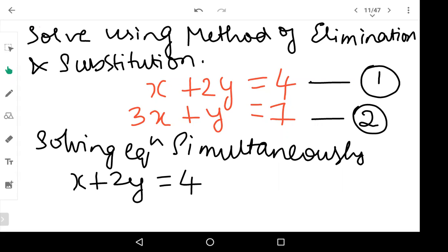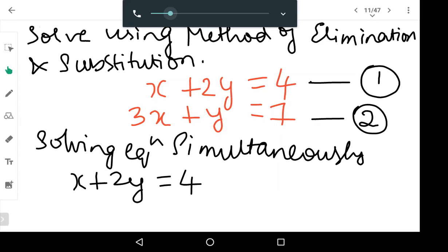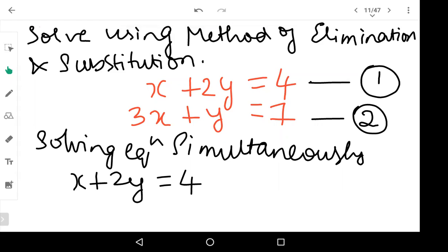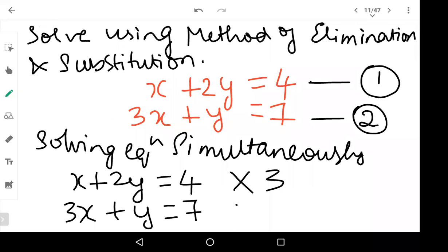Yeah, correct, Anusha. Yes, Sindhu is also right. Continue and solve the equation. So equation 1, I'm multiplying it with 3, and equation 2, that is 3x plus y is equal to 7, I'm multiplying it with 1 only because there is already 3x which is available. Fine.